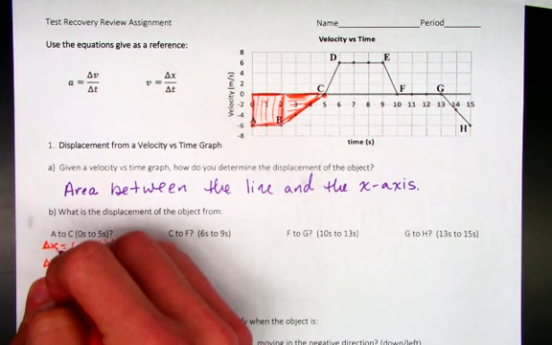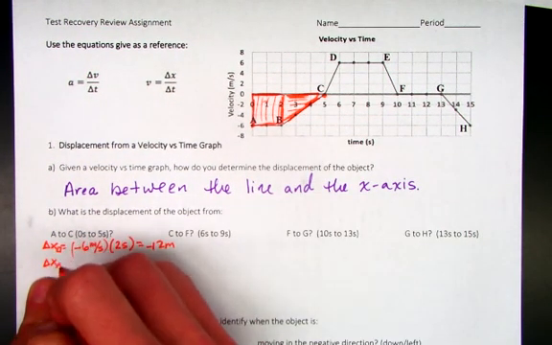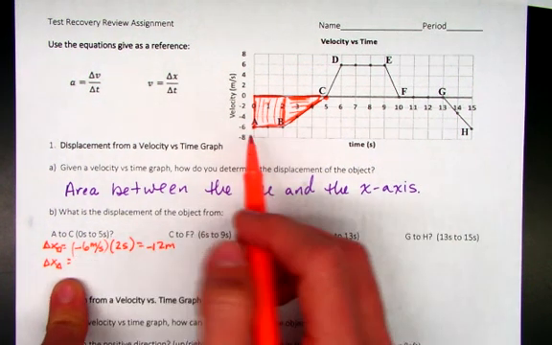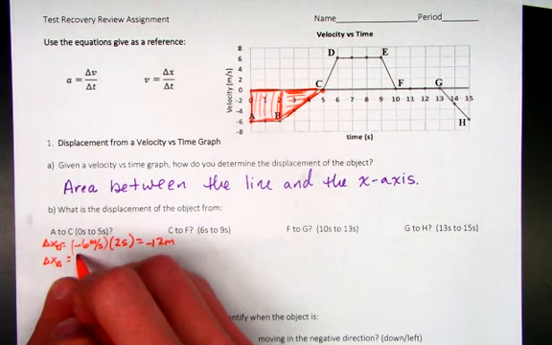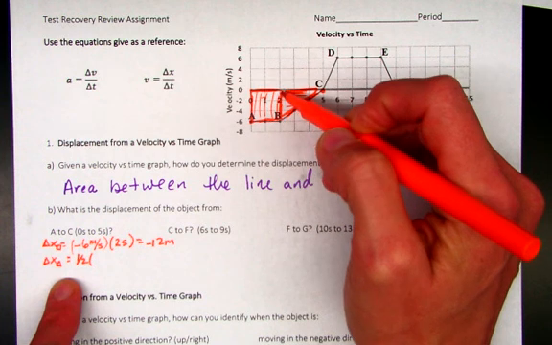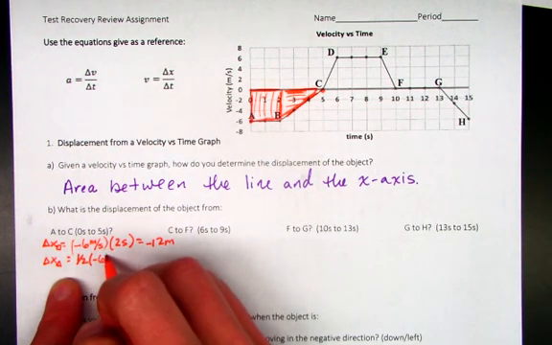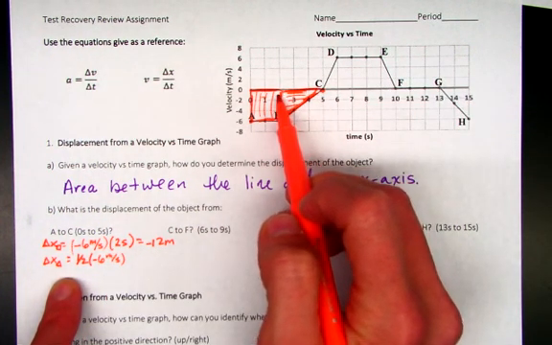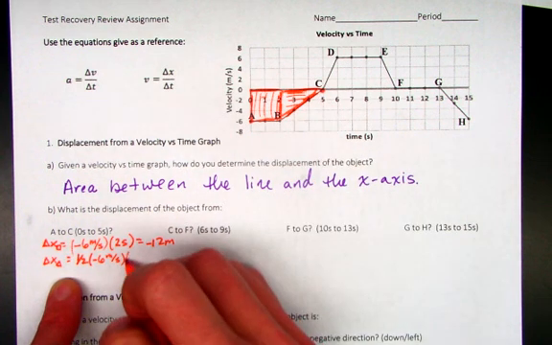All right, so I have that, but I also need to get the triangle. The area of a triangle is 1/2 the base times the height. So here I have 1/2, and if I consider the base to be -6 meters per second, and the height of the triangle is from 2 to 5 seconds, that's 3 seconds.